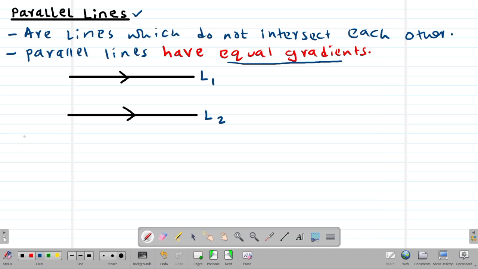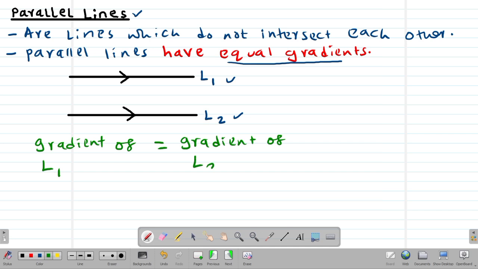Therefore, since L1 and L2 are parallel, the gradient of L1 must be equal to the gradient of L2.